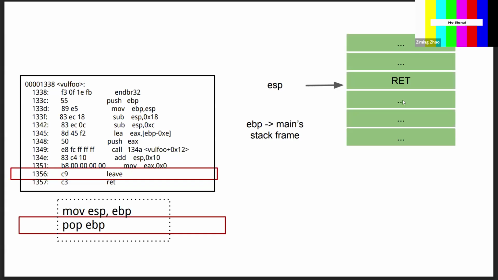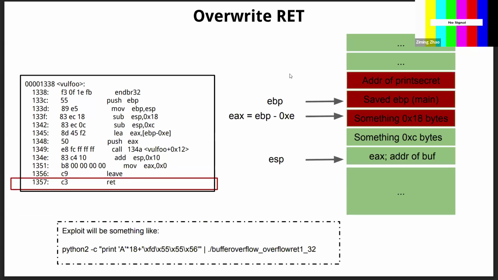Then the next instruction executed is return, which pops whatever ESP points to into EIP, or RIP. ESP also moves up.